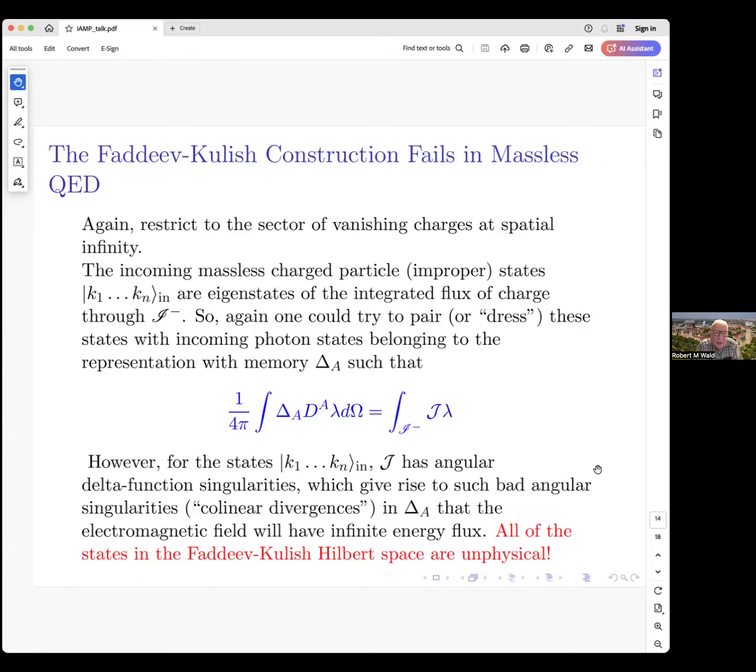I want to point out that this fails if we try to do massless QED in the same way, and it fails for a different reason in nonlinear gravity. So if we're doing massless QED, the Faddeev-Kulish idea would be to again restrict to the sector of vanishing charges at spatial infinity.